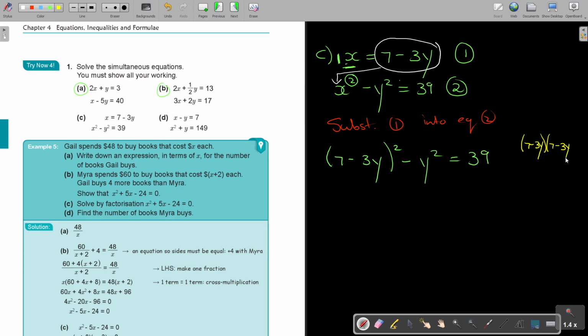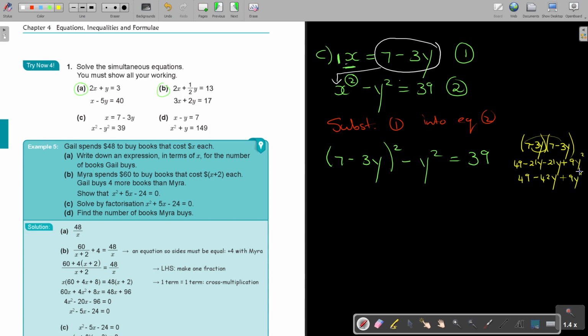So 7 times 7 is 49. 7 times negative 3y is negative 21y. This times this, negative 21y. This times this, plus 9y squared. So it's 49 minus 42y plus 9y squared.